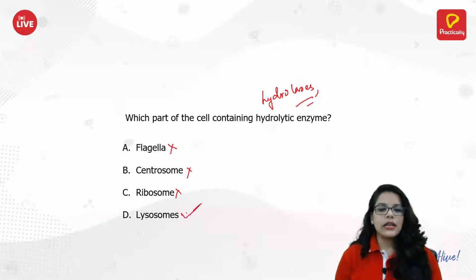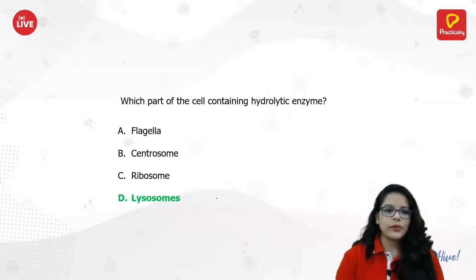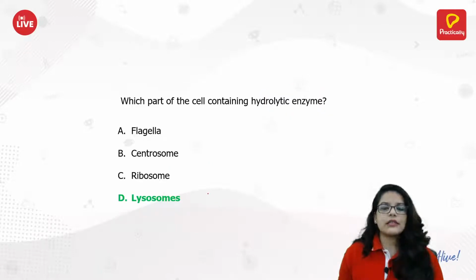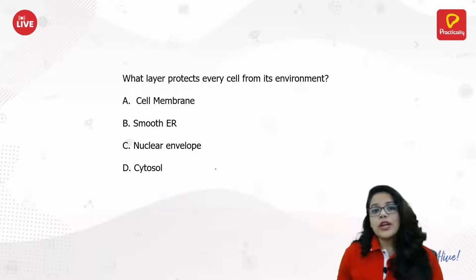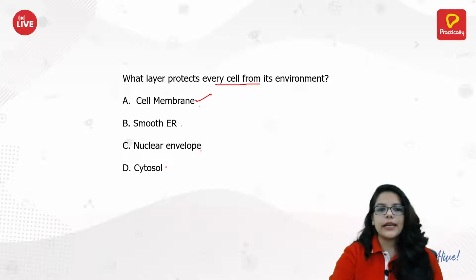They are present in lysosomes. So hydrolases and pepsinases and so on are present in lysosomes. What layer protects every cell from its environment? Membrane, smooth ER, nuclear envelope, cytosol. So it is the membrane.